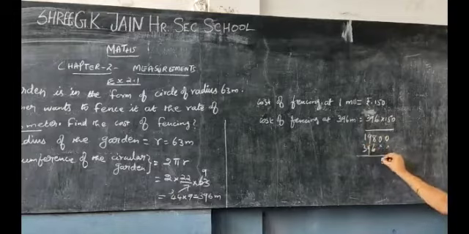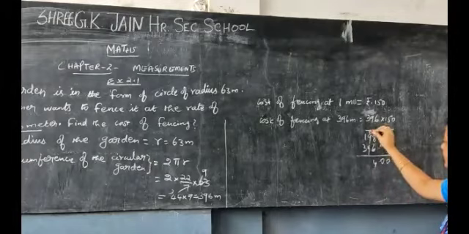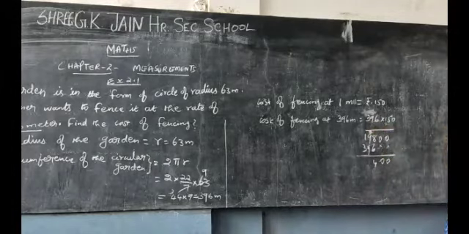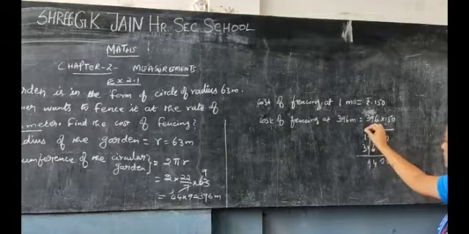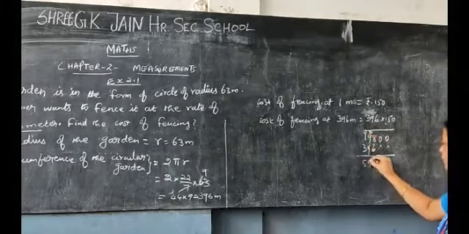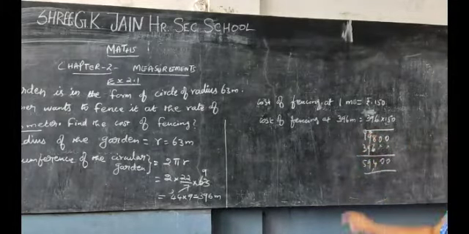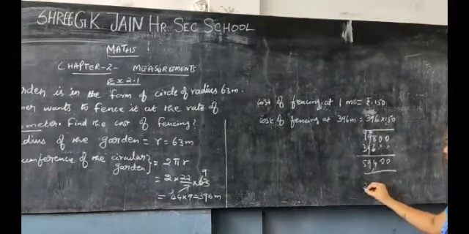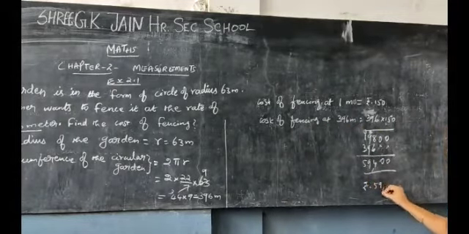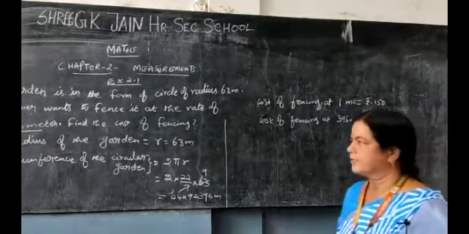Now add all these: 6 plus 8, 14, balance 1. 9 plus 1, 10, 10 plus 9, 19, balance 1 again. So 3 plus 1, 4, 4 plus 1, 5. So 59,400. So the cost of fencing at 396 meter is equal to rupees 59,400.